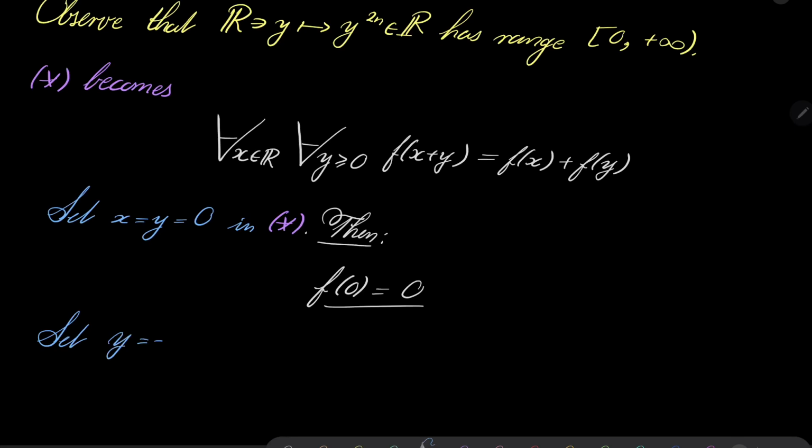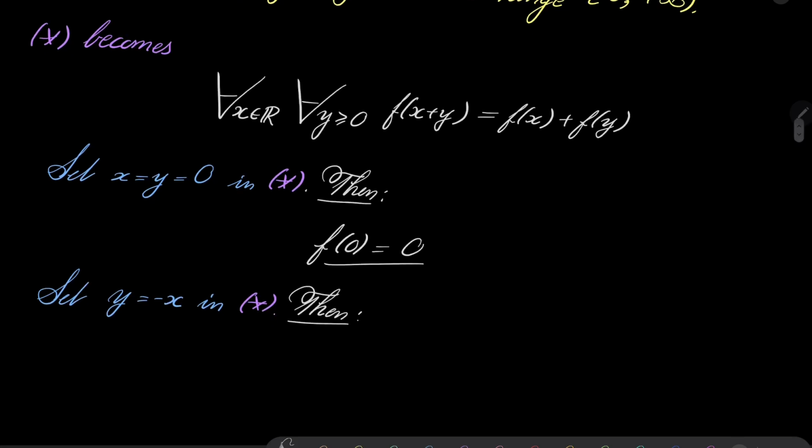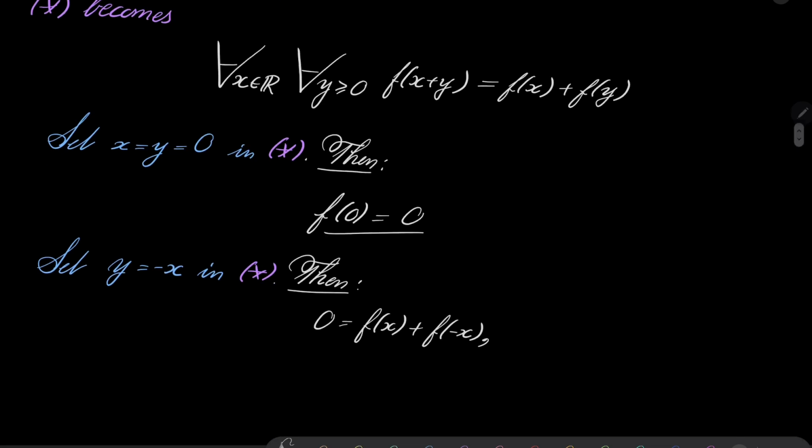And now let's set y equal to minus x in this condition asterisk. Then 0 equals f of x plus f of minus x, which means that... and also, let's be very clear, let's set x equals minus y.